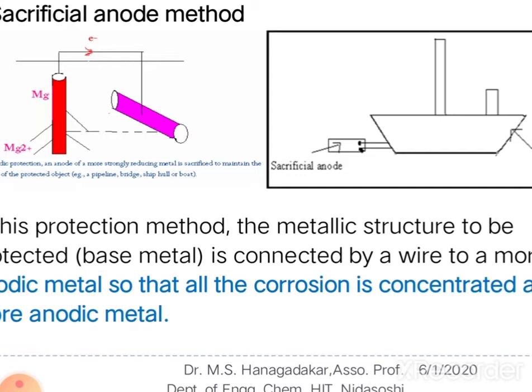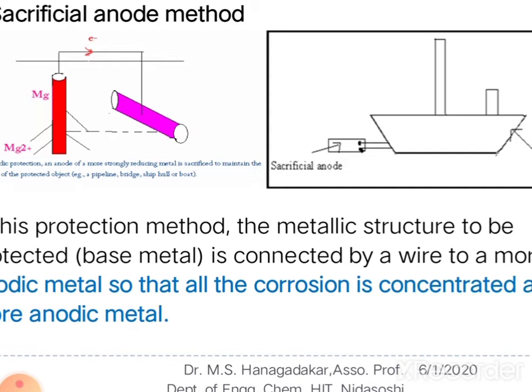In the same way, some metals undergoing corrosion are protected by connecting them to highly reactive metals called sacrificial anodes, like magnesium, zinc, aluminum, etc. This method is usually used for buried pipelines, ship hulls, water tanks, etc.